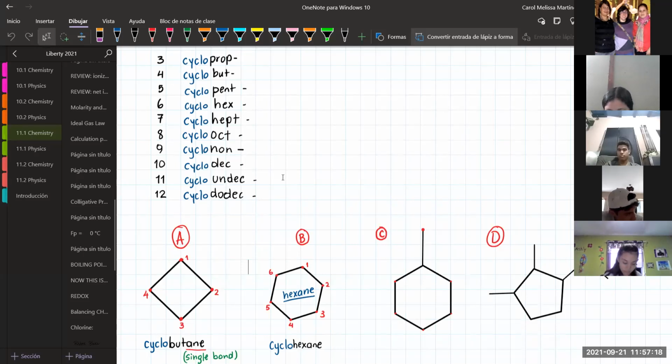Remember the suffix ane, it is because they are only single bonds. Now, if by any chance you had another bond right here, for example, it's not going to be hexane, it's going to be hexene because it's going to be an alkene. But in this case, we're not learning about alkenes yet. I'm just telling you that sometimes you will see more than one bond, and this is the way they look like.